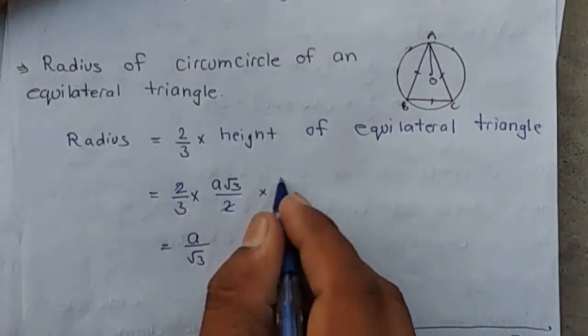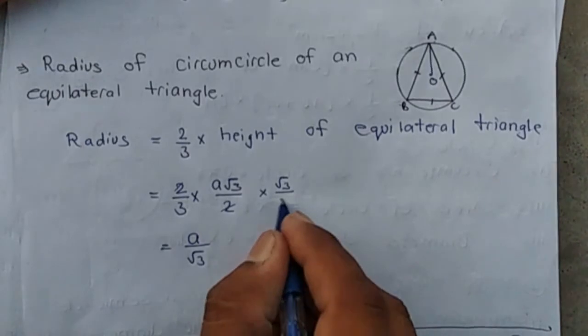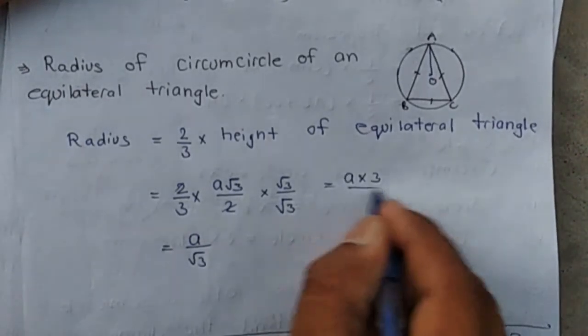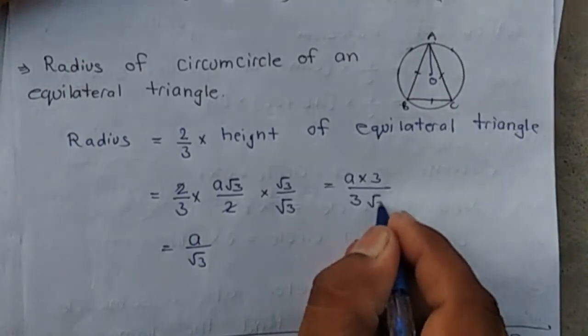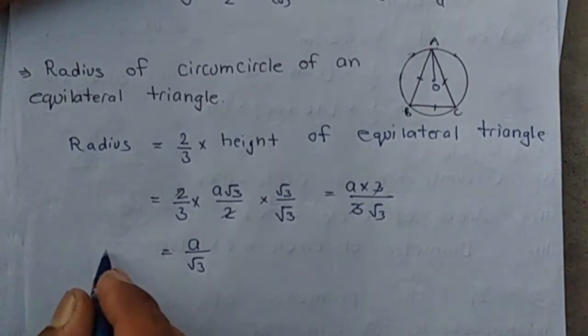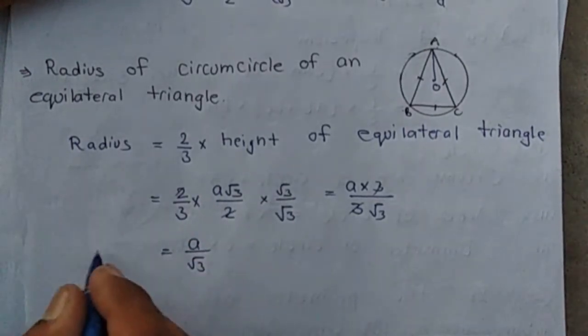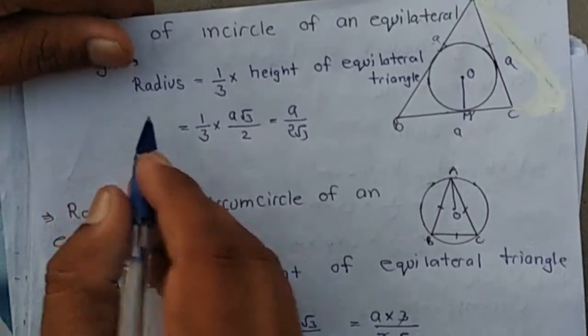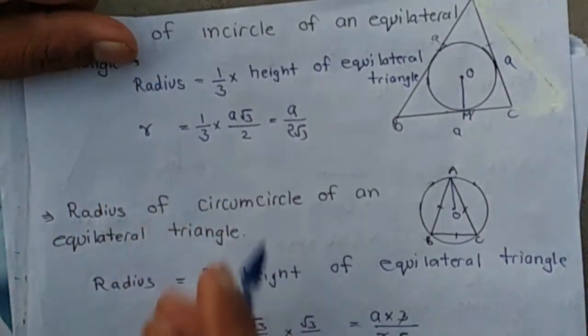We multiply and divide it by root 3. It is the radius of the circumcircle, represented by capital R, and the other is the radius of the incircle of an equilateral triangle.